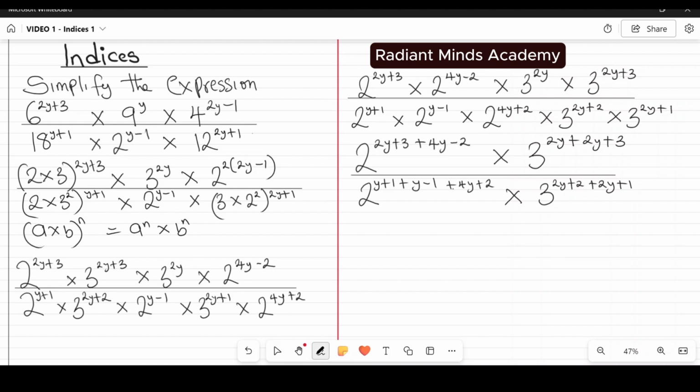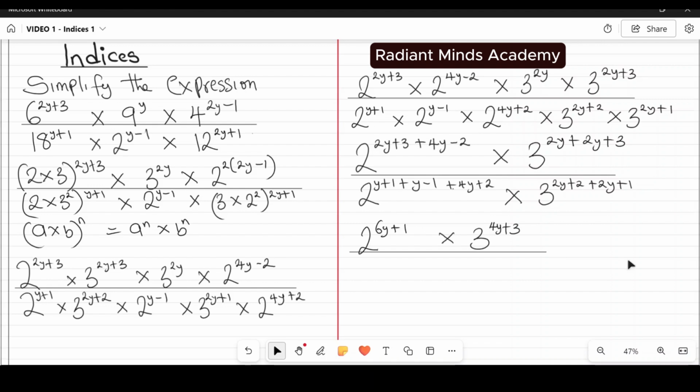So we have 2 raised to the power of 2y plus 4y, which is 6y plus 1, times 3 raised to the power of 2y plus 2y, which is 4y plus 3, all divided by, at the denominator, 2 raised to the power of 6y plus 2 times 3 raised to the power of 4y plus 3. Now we have been able to simplify everything.